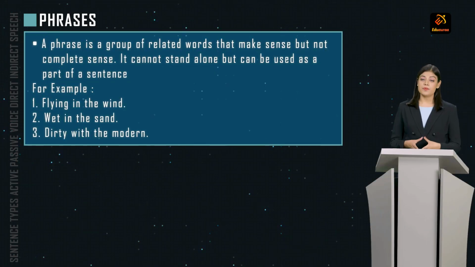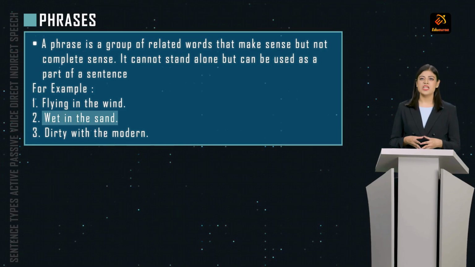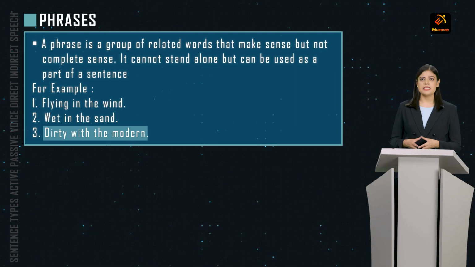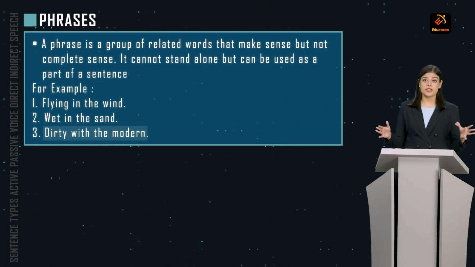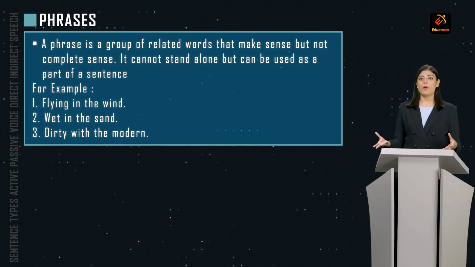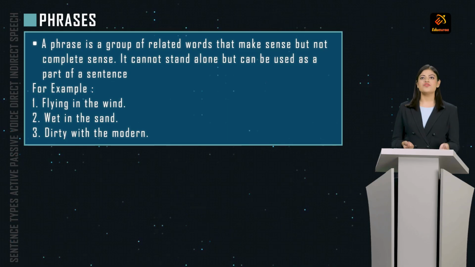Some popular examples of phrases are flying in the wind, wet in the sand, dirty with mud. What is happening in these phrases? Flying is the action, right? Flying, it's a particular action. In the wind could be the place where the flying or the action is happening. But who's flying?